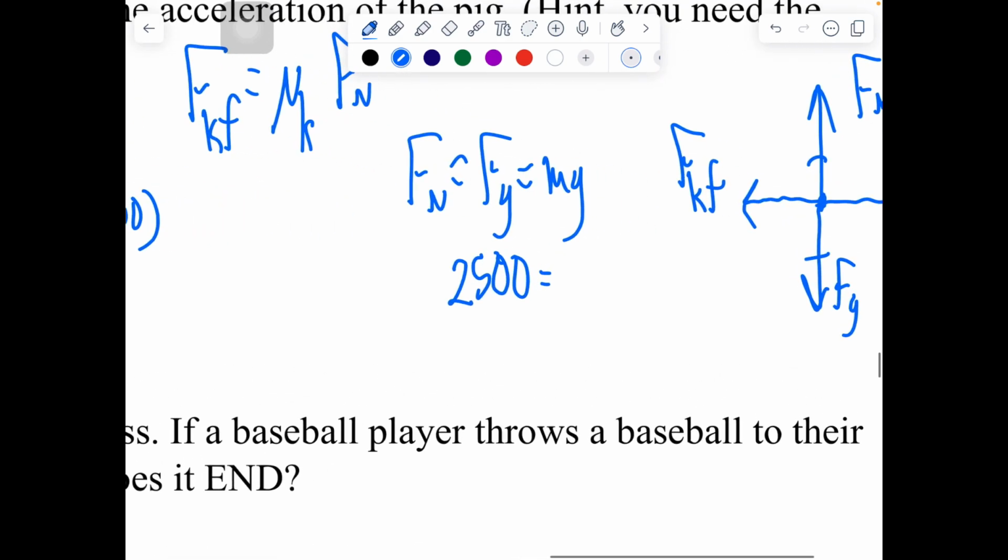And we can say, oh, that mass, well, we know g is 9.8. The weight, the force of gravity, is 2,500. Divide by 9.8. The mass of the pig is 255.1 kilograms.